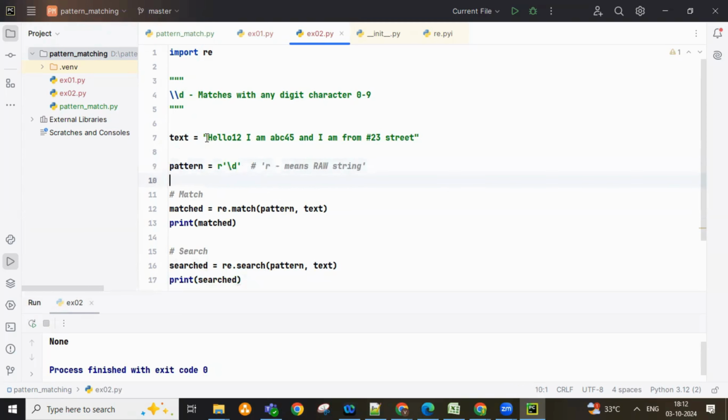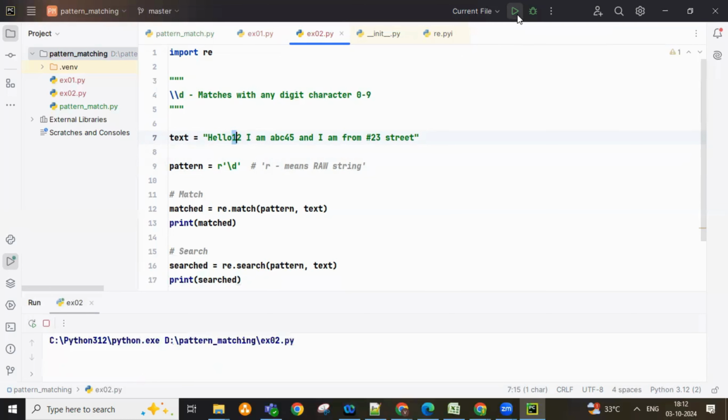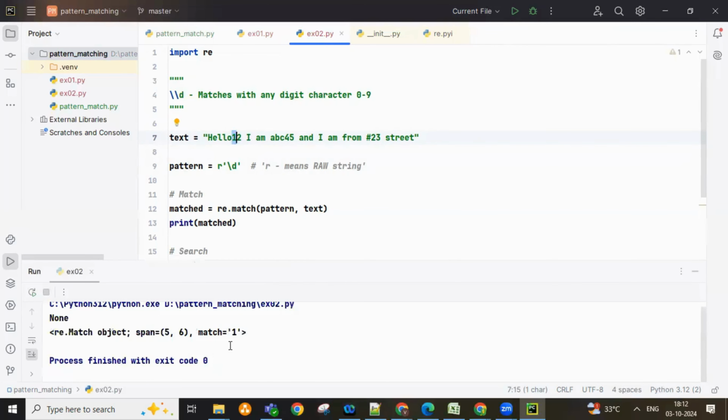It matches with only one digit, and since it matched with this one, it says, hey, I had a match. So when I run this, what is the match? One. It got the match one. So \d matches one number.